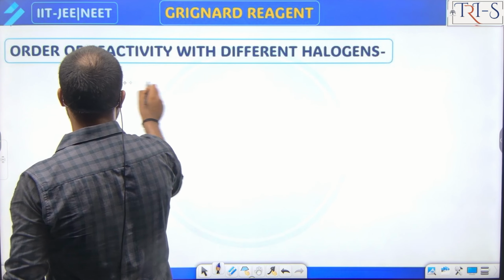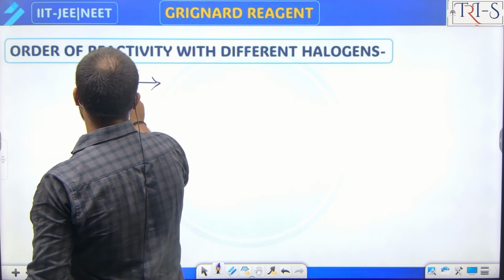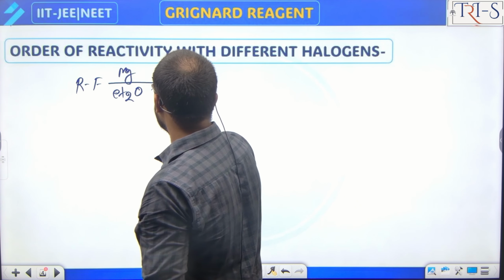RF generally does not form Grignard reagent because the carbon-fluorine bond is much stronger and cannot break easily. RMgF generally does not form.